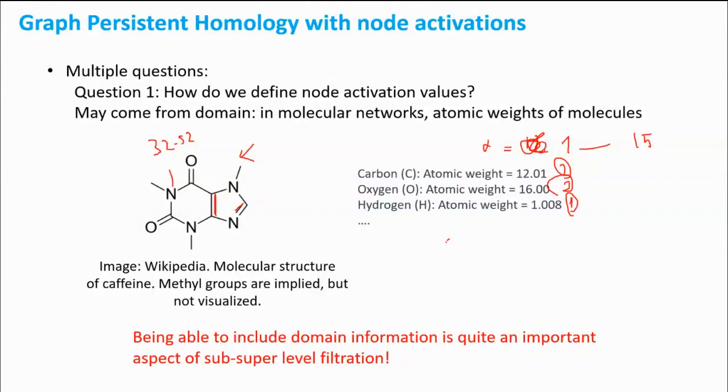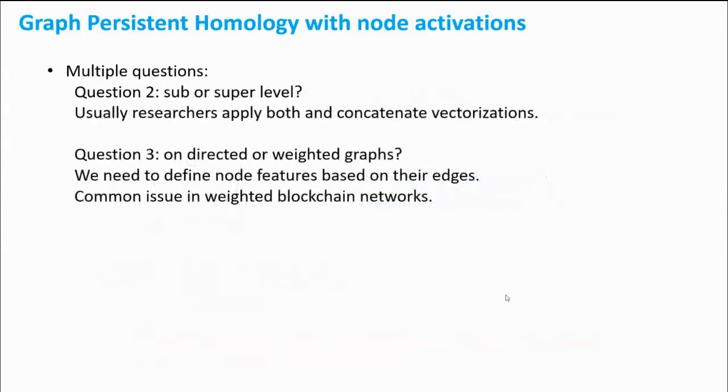In the sub level, we were going from minimum scale to the maximum scale, remember? To the maximum. In the super level, we go from maximum to minimum. But they are almost identical, however, they give different simplicial complexes. Now, the second question is, should we use sub-level filtration or super-level filtration?